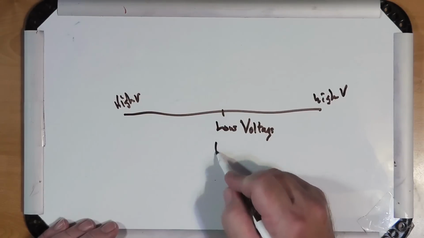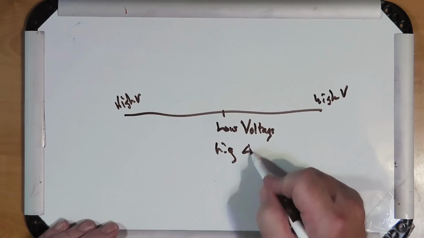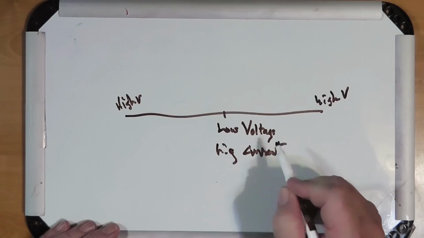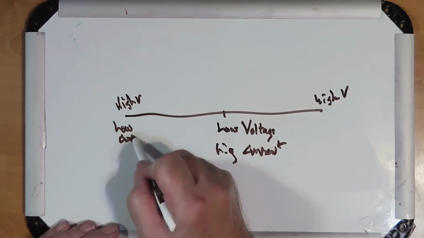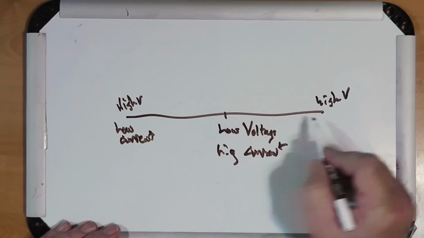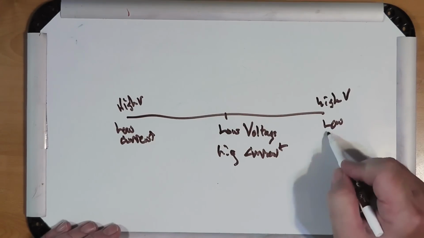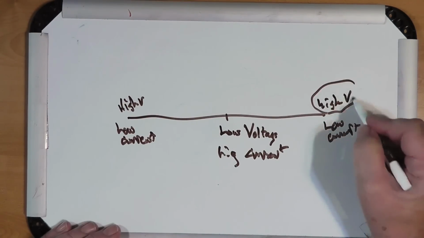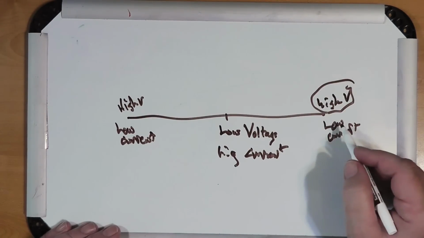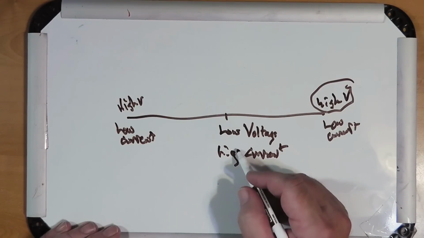And here you have high current. And here you have low current. Okay, this, by the way, for a dipole, can be thousands of volts. The current can be very high.